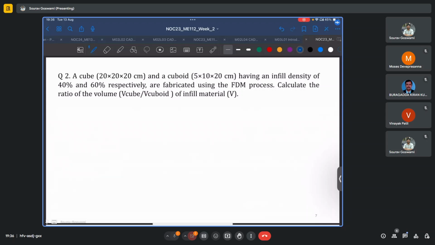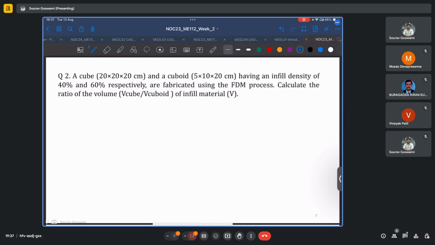Now, as we discussed, we might have the tool path which can be topologically optimized such that the infill density is not 100%, but it can be varied depending on the requirements. Here we are told that the infill density is 40% and 60% respectively for the two cases, and we are asked to find the ratio of the volume of the infill material.